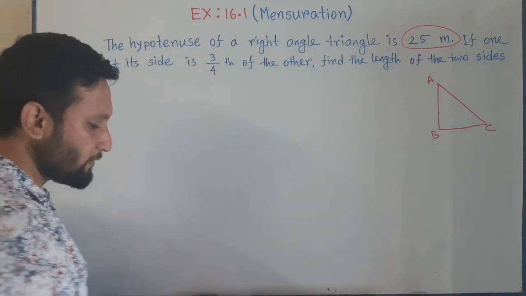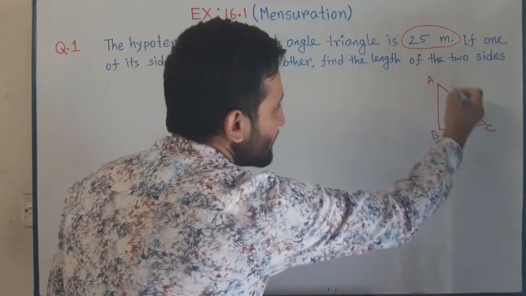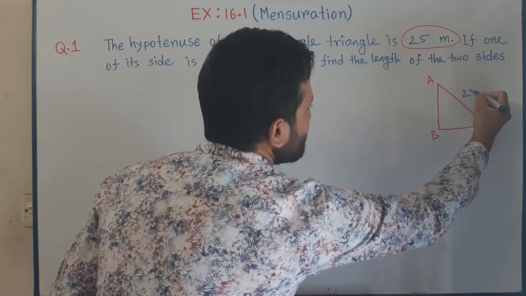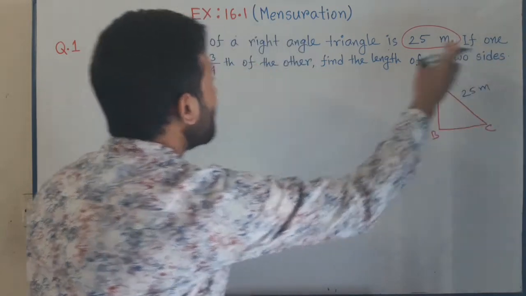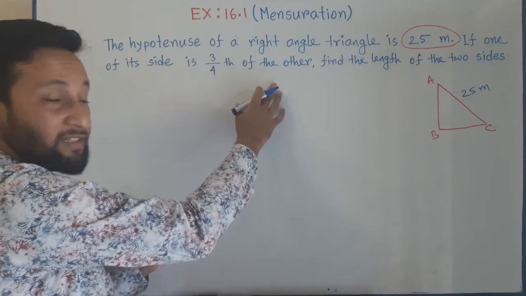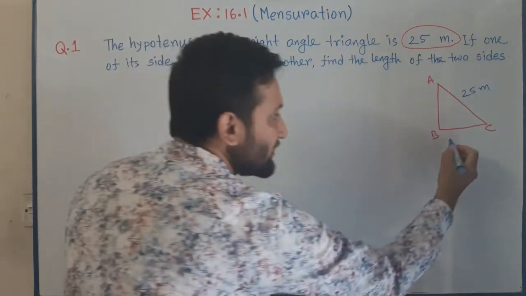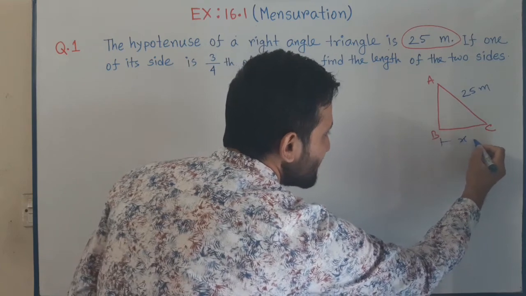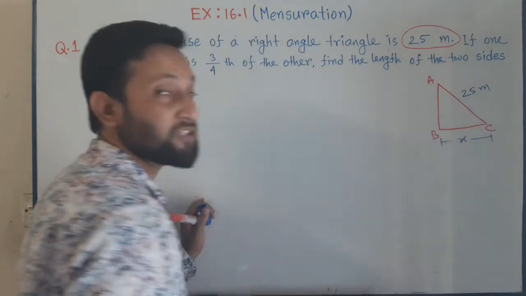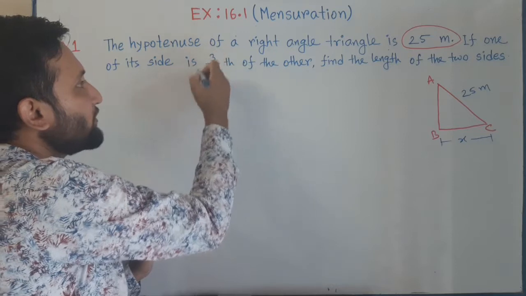So in this figure the hypotenuse AC has length 25 meter. The other two sides are AB and BC. If one side is x, then according to the question the other side must be 3x/4.